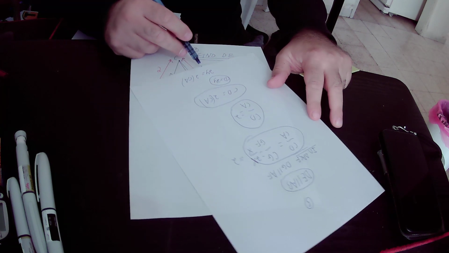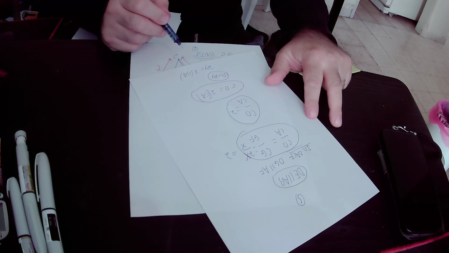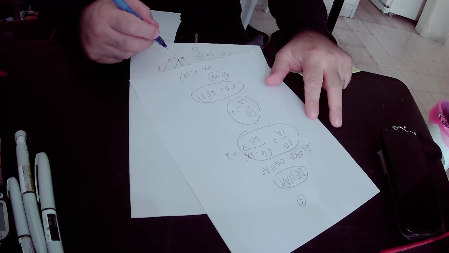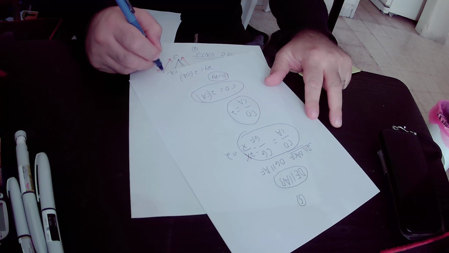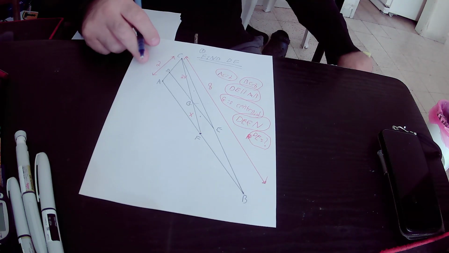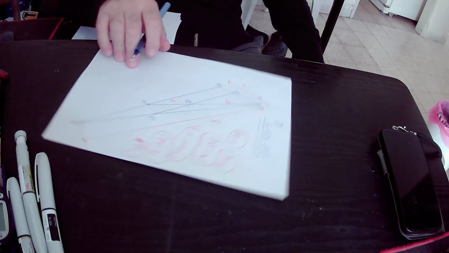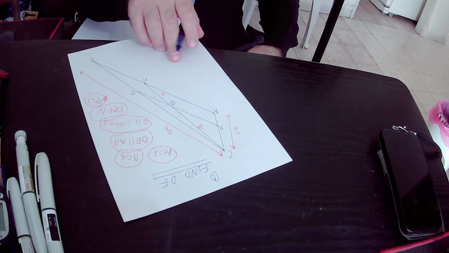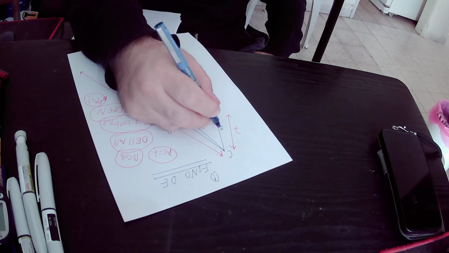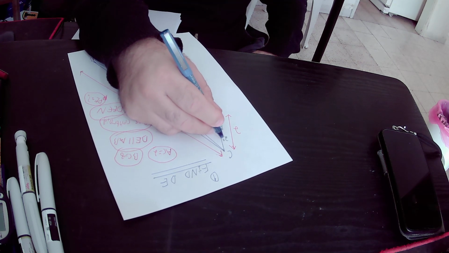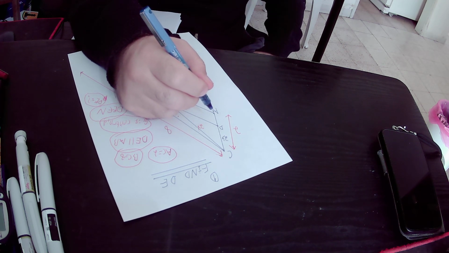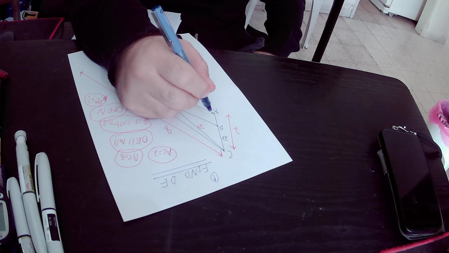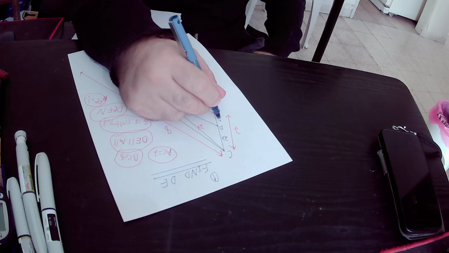We will divide this equality by 2, and we will get that CA equals y. So we found out that if CD equals 2y, then DA equals y.